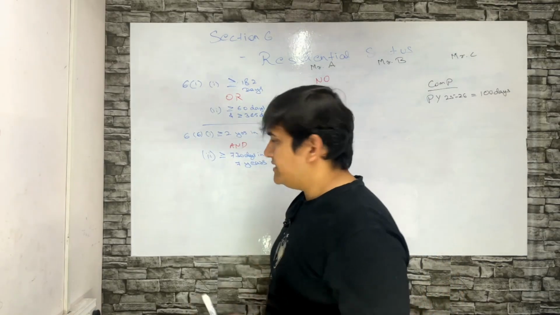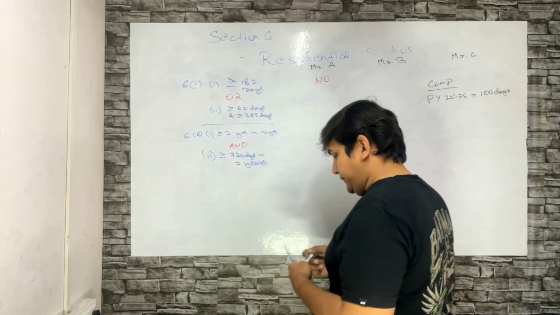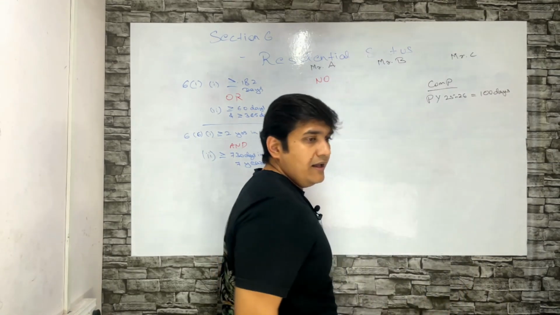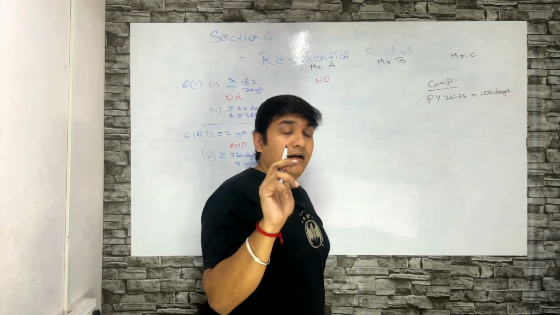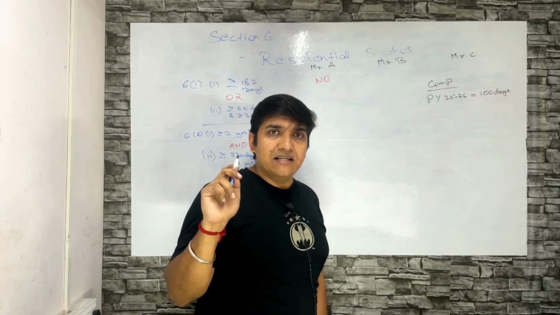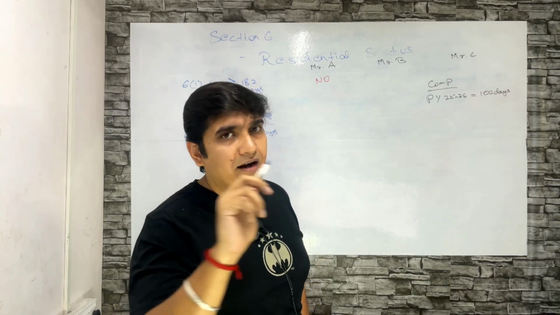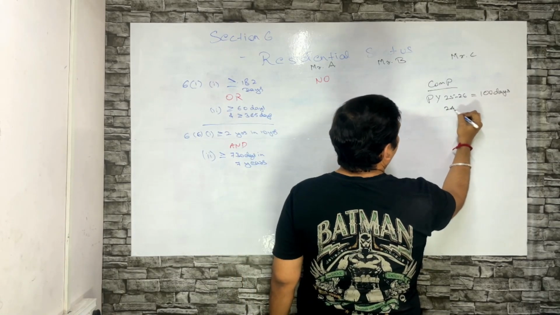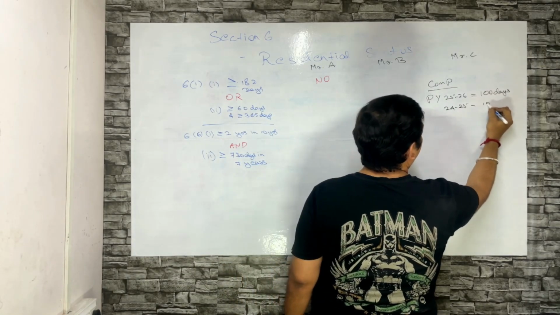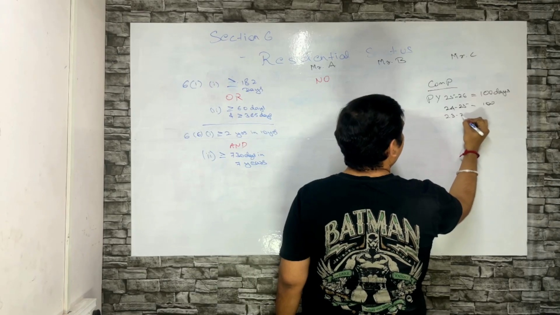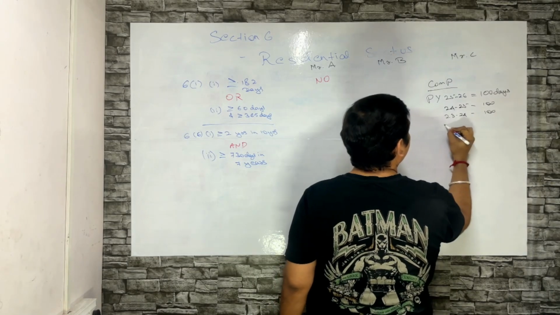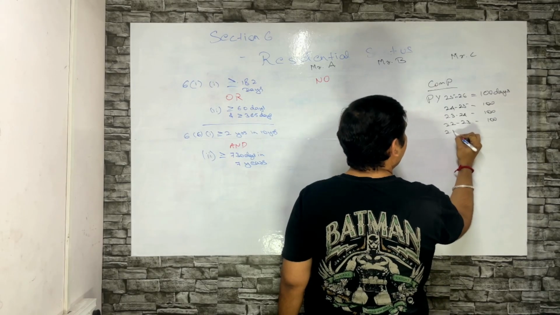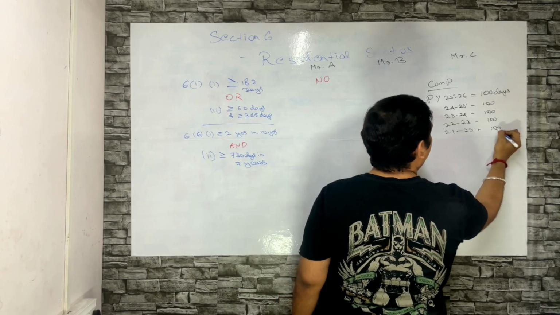What does the question say? Since previous year 2011-12, Mr. A has visited India for 100 days each year. So 24-25 is 100, 23-24 is 100, 22-23 is again 100, and 21-22 is again 100.